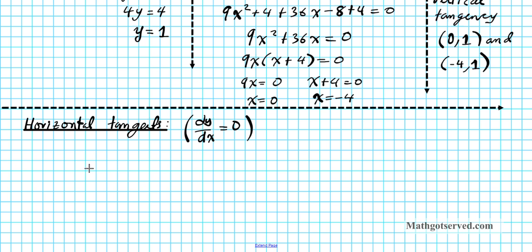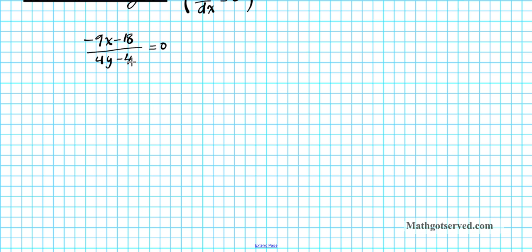We know what dy/dx is. We figured it out earlier. So dy/dx in its reduced form was negative 9x minus 18 over 4y minus 4. What we're going to do is simply set that to 0. Now let's solve this equation.